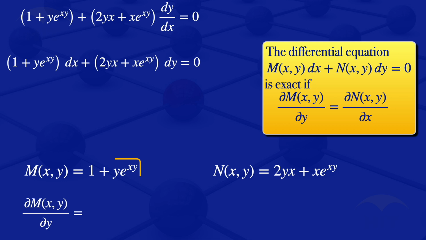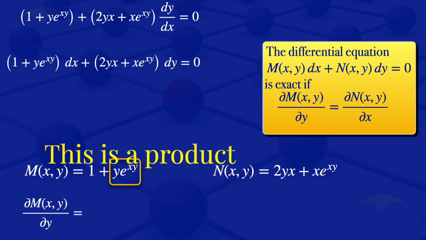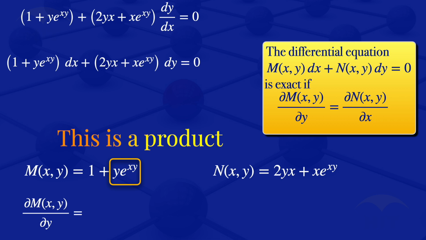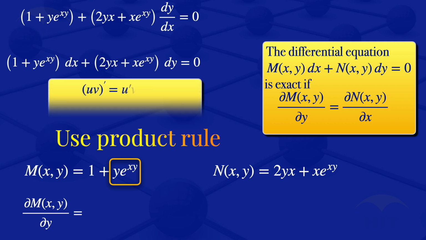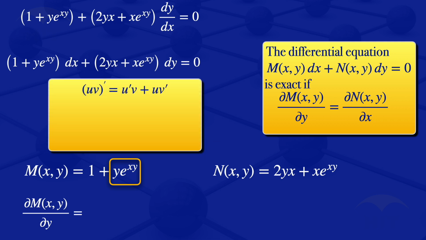But looking at this part now, y e^(xy). This is a product. To differentiate a product of the variable y, we have to use the product rule. If you still recall, the derivative of uv is u'v + uv'. So in this case, what we are multiplying is the y and e^(xy).